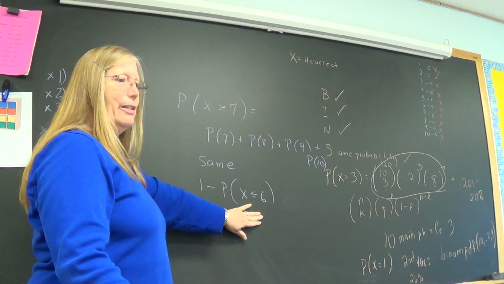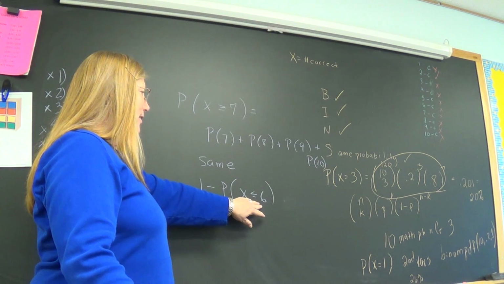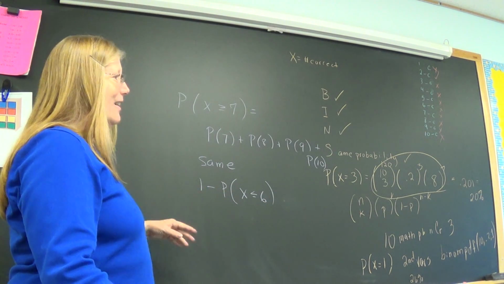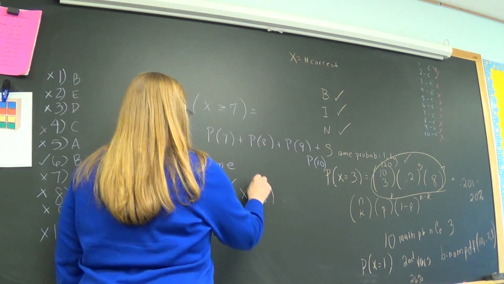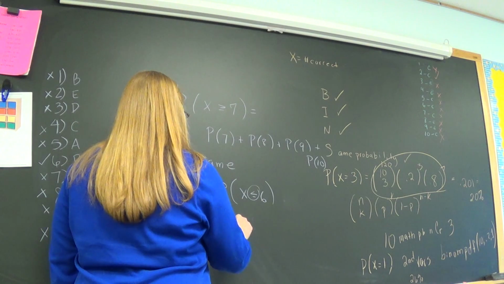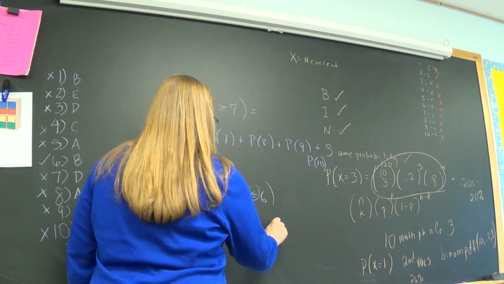So why is this easier? Because if you did the probability less than or equal to 6, you'd have to do 6, 5, 4, 3, 2, 1, and 0. Because your calculator does less thans under this command. So you'd plug in 1 minus, then you'd go back to binomial, but instead of PDF.